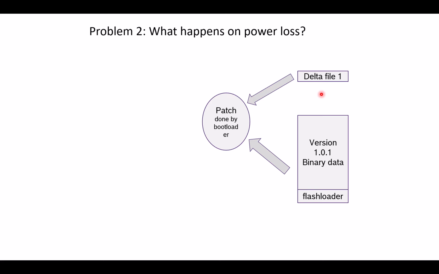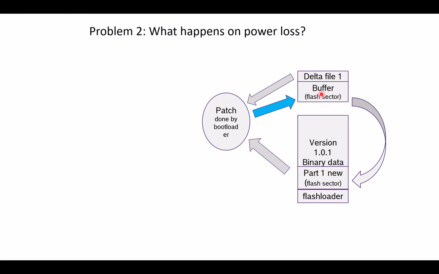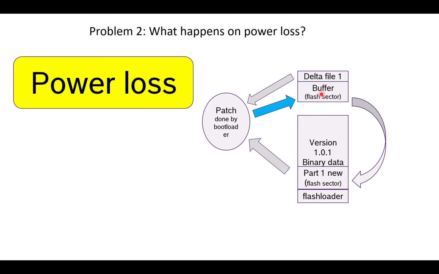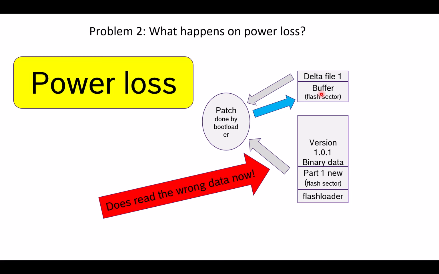But then the question still arises, what happens on power loss? So let's assume we are doing the first step. If we have a power loss now, nothing would happen. We will just restart again. Okay, now we're overriding the binary version, the old version, from the buffer. If now we get a power loss, we restart again.